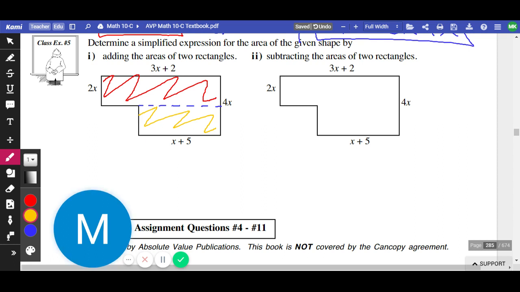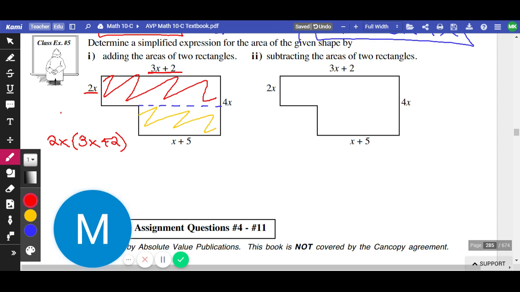We'll start with the red one. Okay, so if we look at the red rectangle, my length is 2x, my width is 3x plus 2. Length times width is what we're looking for. We would write that as 2x bracket 3x plus 2. That's length times width. Agreed? Awesome. We have a monomial times a polynomial.